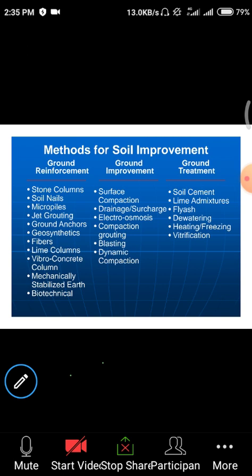Next one, we have dewatering. Dewatering means simply removing a particular amount of water present in a certain amount of soil. That means whenever we want to construct a high-rise building on a particular soil in a particular area, we need to remove the total water located on that site. After that we need to do some earthwork, removing a certain amount of earth from the place.